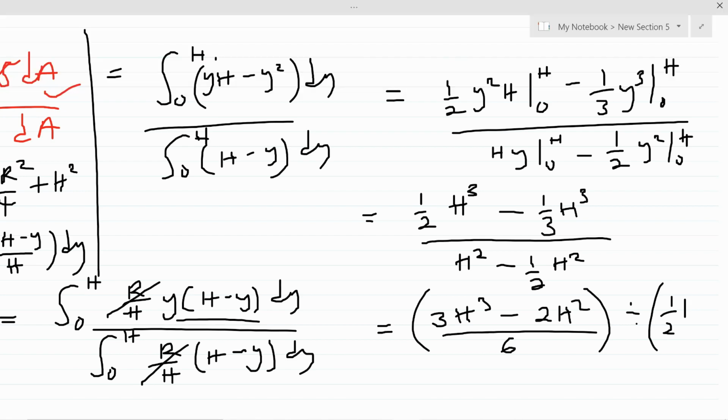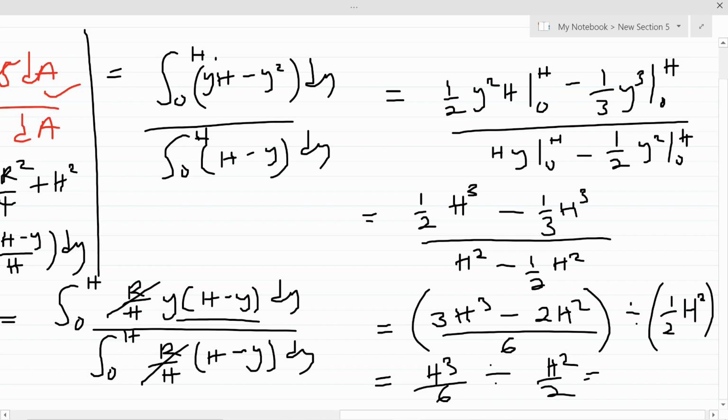Now this side, the first term will give me 3h cubed minus this, I'll get just 1, so I'll get h cubed over 6 divided by h squared over 2. This is the same as h cubed over 6 times 2 over h squared.